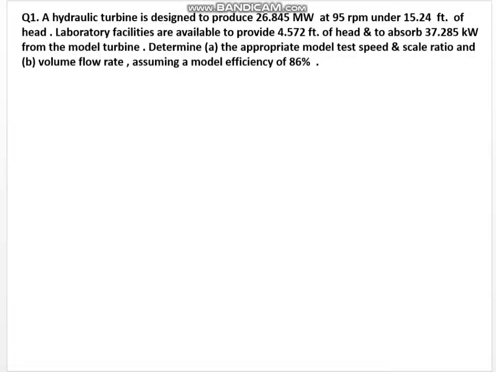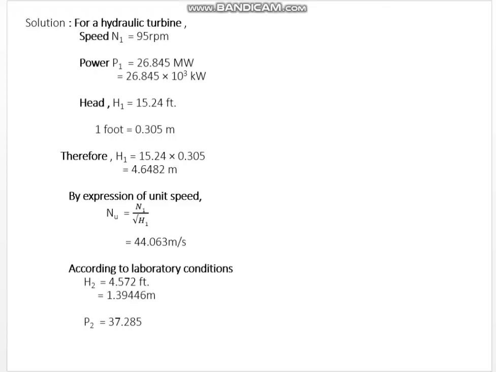Now, it is given that for the prototype, speed N1 is equal to 95 rpm to produce power P1 of 26.845 megawatt, that is 26.845 into 10 to the power 3 kilowatt, and head H1 is equal to 15.24 feet.